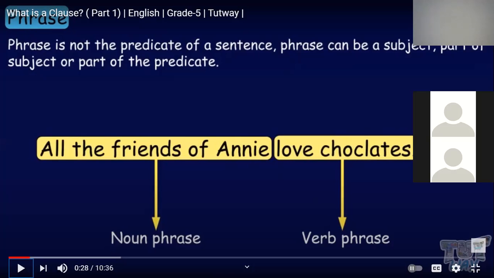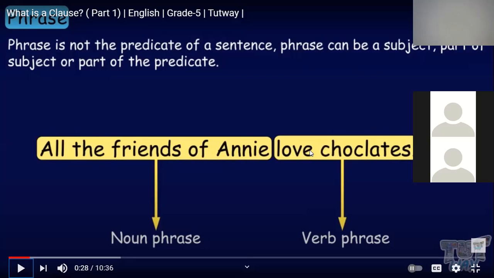Here, all the friends of Anna is the subject of the sentence, and love chocolates, or love, the verb, is the predicate.